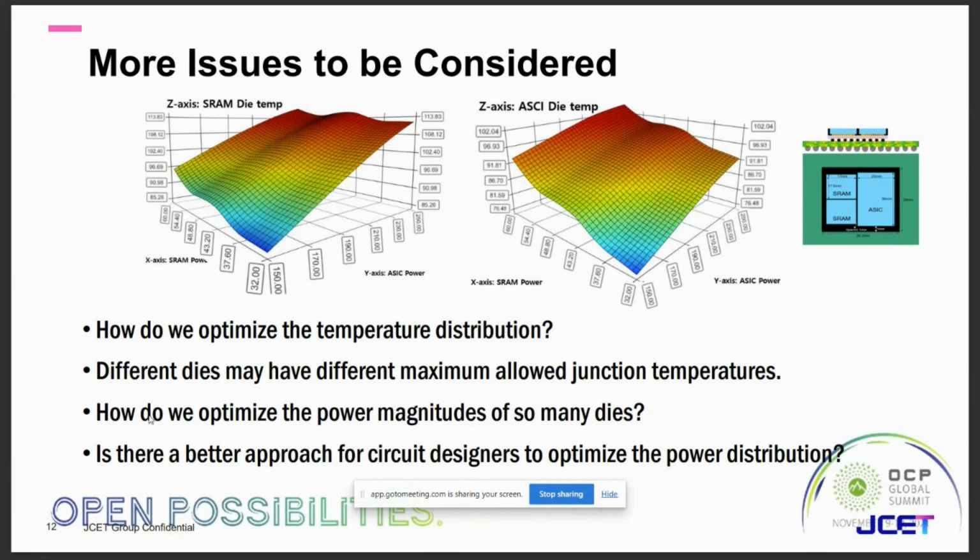The third bullet is how do we optimize the power magnitude of so many dies. And the last bullet is: is there a better approach for circuit designers to optimize the power distribution? JCT decided to work on this one, and we are going to offer some solutions.